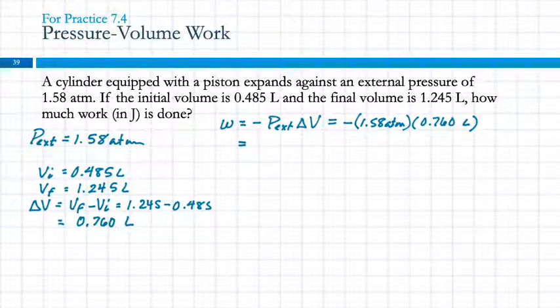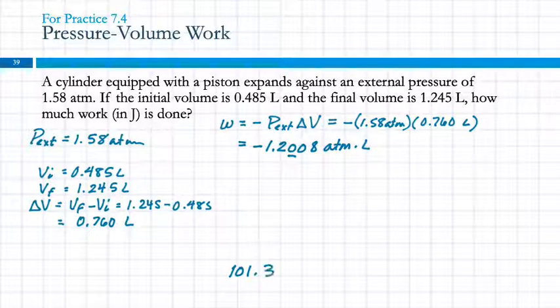So for this, I'm getting minus 1.2008 atmosphere times liter. And this should have 3 significant figures. But I need joules, right? And so we had that relationship, 101.3 joules is equal to 1 atmosphere liter. I don't expect you to remember that, but you should know that it exists so you can go look it up.